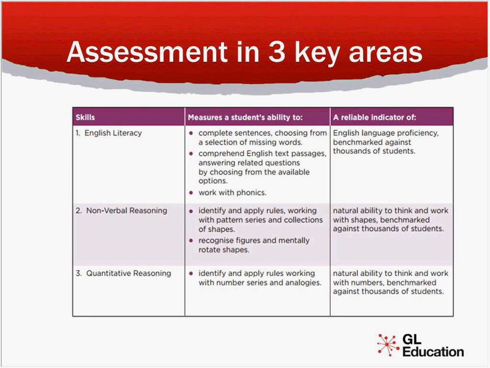So the level of English literacy, and then on the ability side, it will show you the level of verbal reasoning for the student, and also the quantitative reasoning. Verbal reasoning is thinking with words, and the quantitative reasoning is thinking with numbers. So of course, quantitative reasoning, we would expect to see quite a strong correlation between the quantitative reasoning score and mathematical ability.